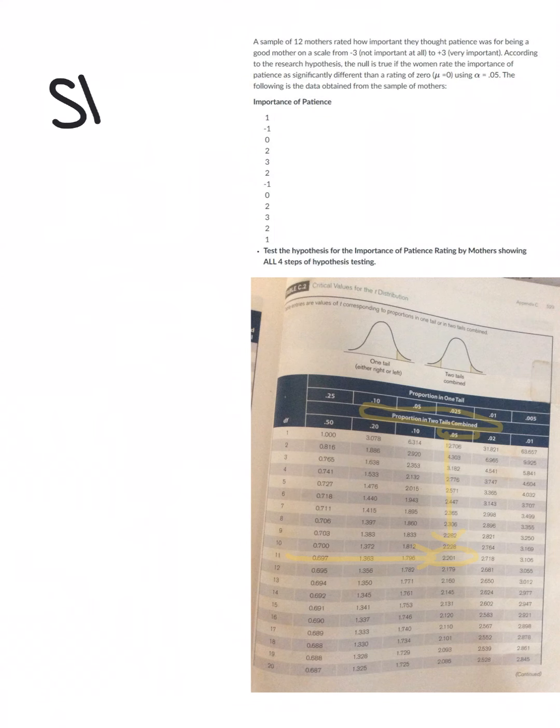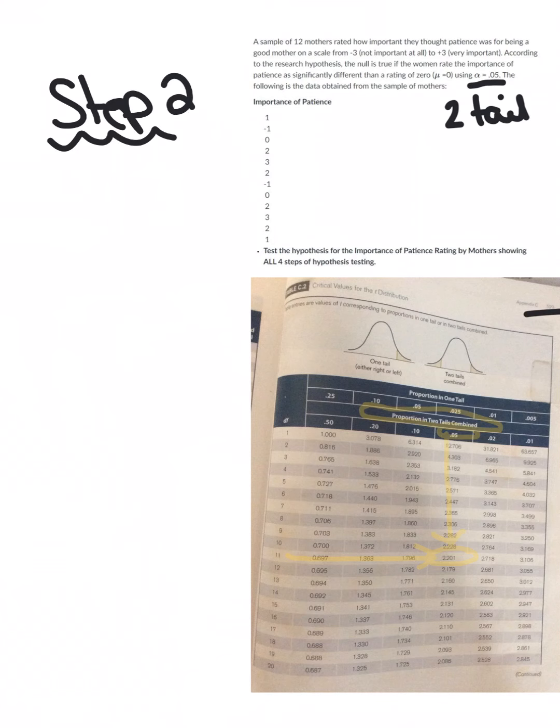So step 2 is to set our criteria. Since we see alpha is 0.05 and we're using 2-tail, we're going to go to our table. If you've noticed, I've got this highlighted. This table, if you notice right up here, I know it's small, is page 529 in your textbook.